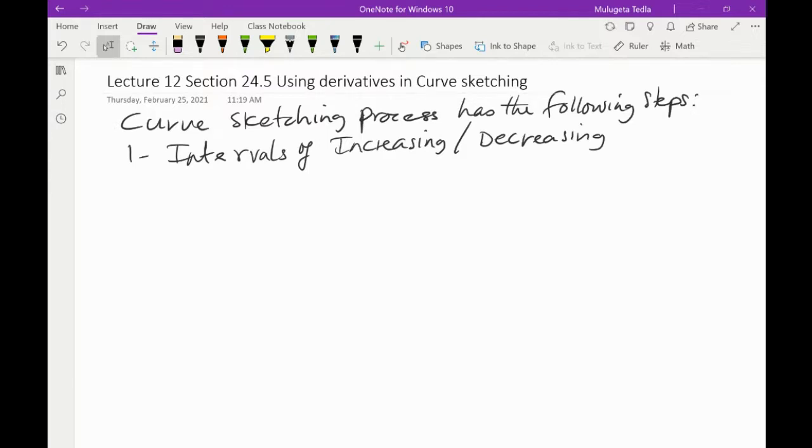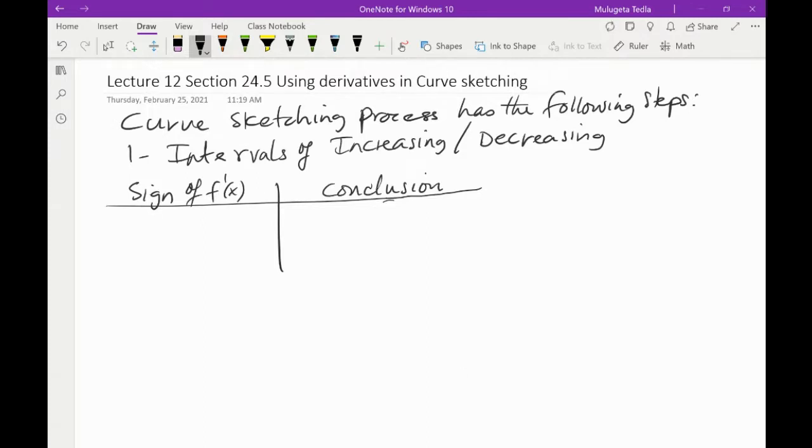Maybe this summarizes better. Based on the sign of the derivative, we can tell that the function is increasing or decreasing. Sign of the derivative and conclusion.